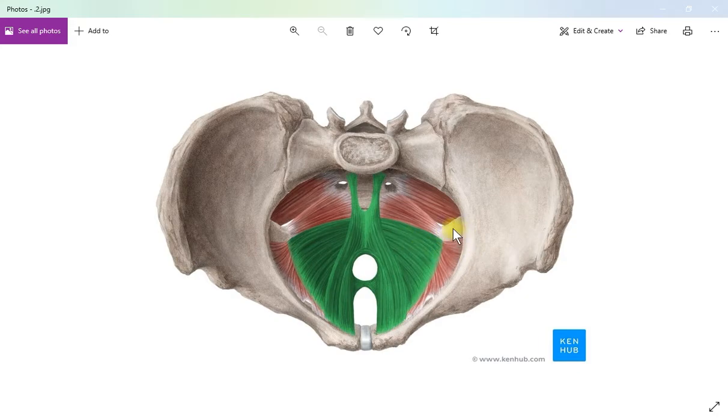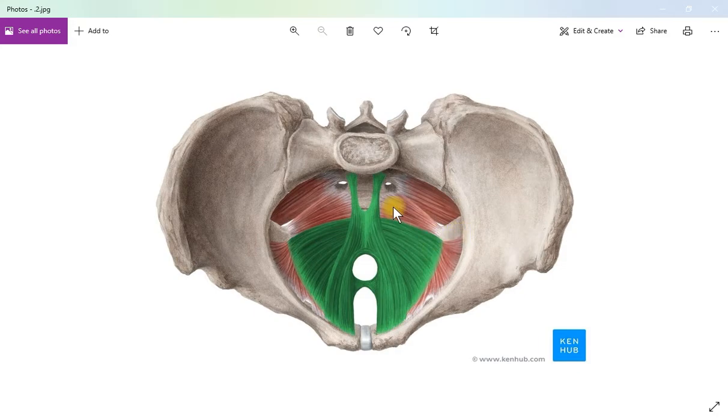So from here the fibers arise and go up to insert into the coccyx region. Here the anococcygeal ligament is present, into which it inserts. So all in all, this is the pubococcygeus, and this is the iliococcygeus muscle.